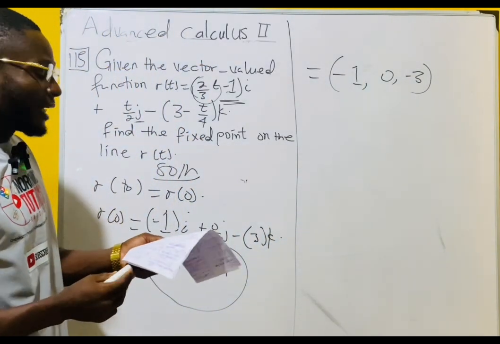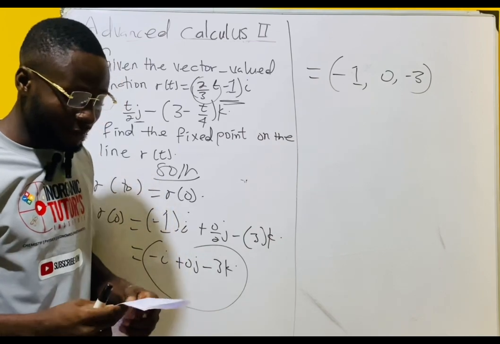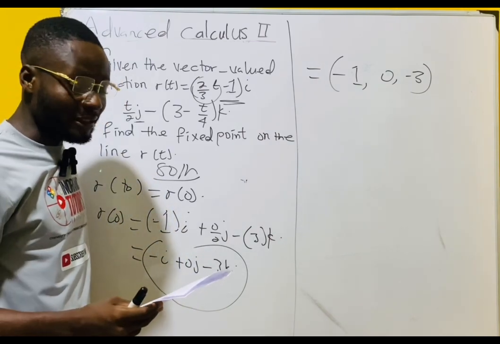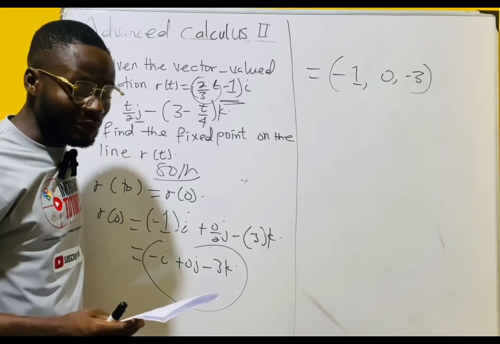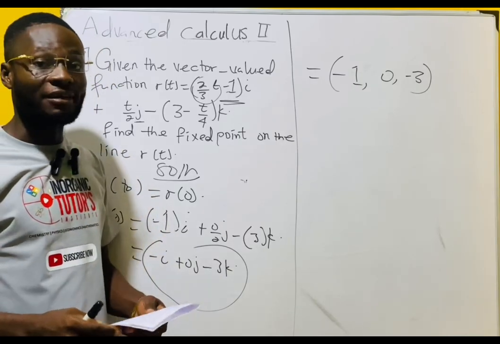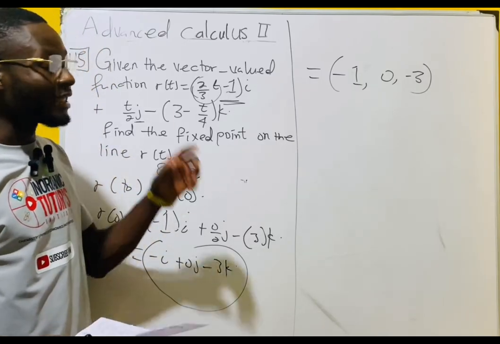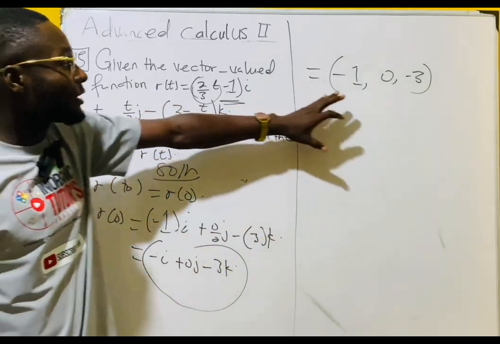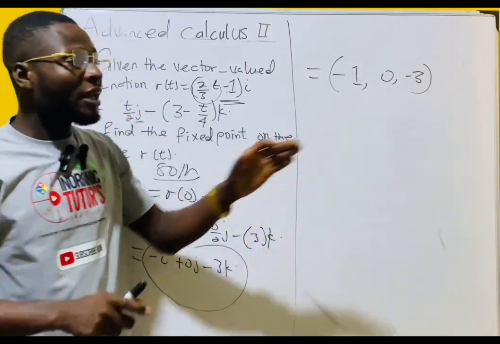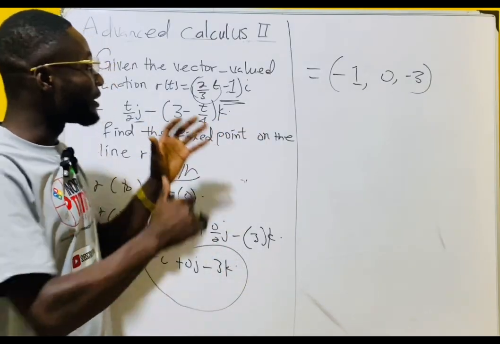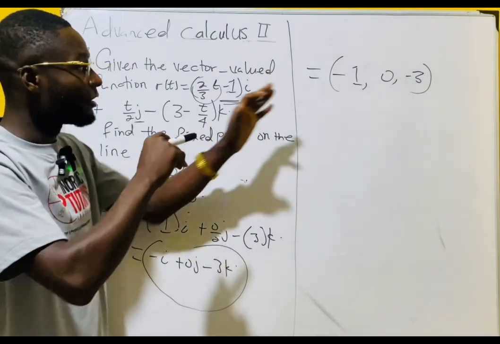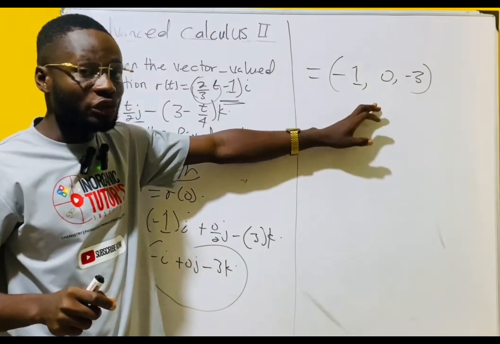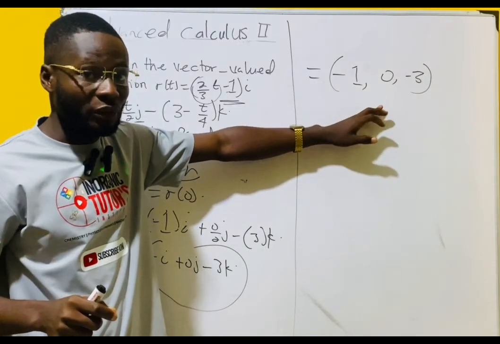So the fixed point basically means where the particle is located when t is equal to 0, and it lies on the line traced by the vector function. Any transformation that happens on this vector valued function is not going to shift this fixed point.